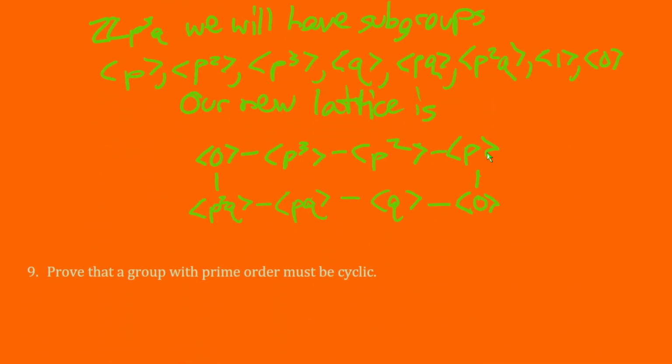So if we let p be 2 and q be 3, well, p cubed is 8, p squared is 4, p is 2, and then p squared q, that's 12, because that's 2 times 2 times 3, 4 times 3, and then pq is 6, 2 times 3, q is 3, and then 0 is 24. So that's the reason we can generalize this group into this subgroup lattice.